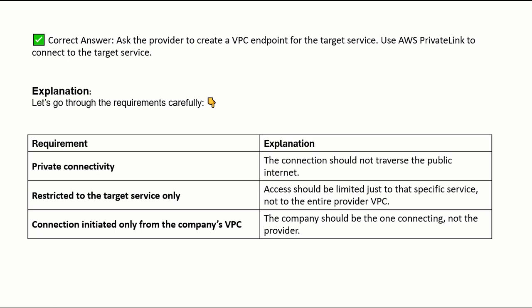And the third requirement was that the connection is initiated only from the company's VPC, so the company should be the one connecting, not the provider. That is the reason this option is the correct one: ask the provider to create a VPC endpoint for the target service and use AWS PrivateLink to connect to the target service.